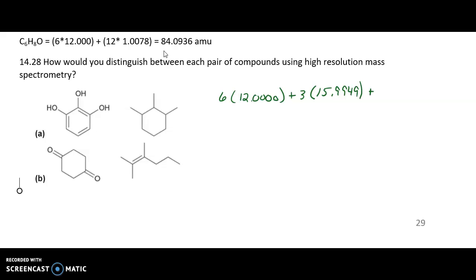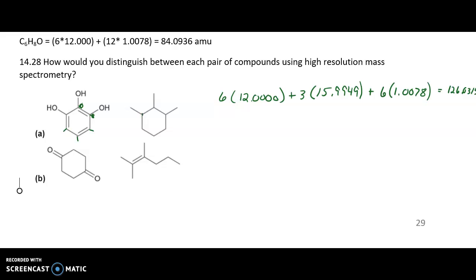And we have a hydrogen here, here, here. There's one here, here. I'm sorry, there is not one here. So we've got 6 hydrogens, 1.0078. And that gives us 126.0315.